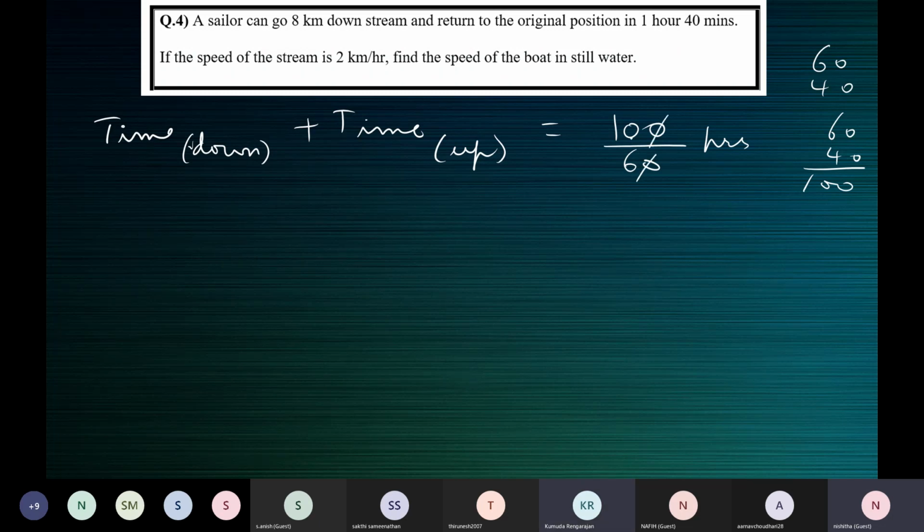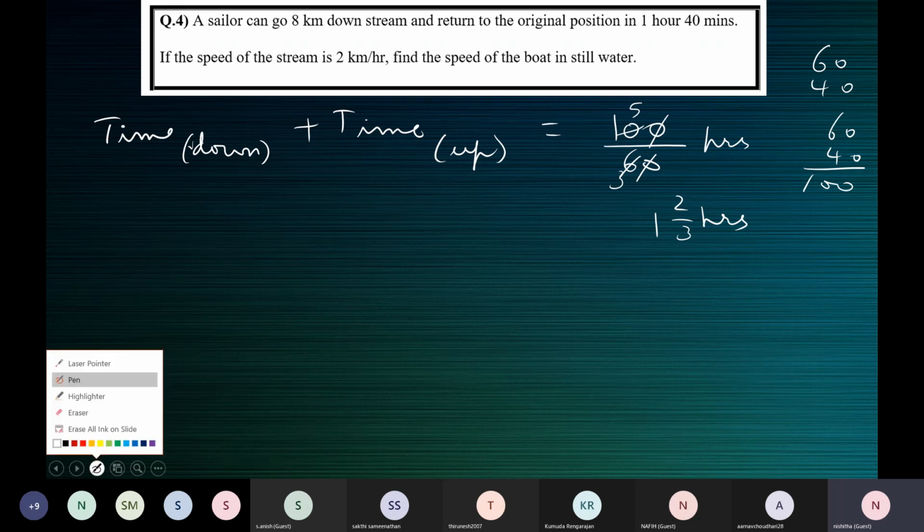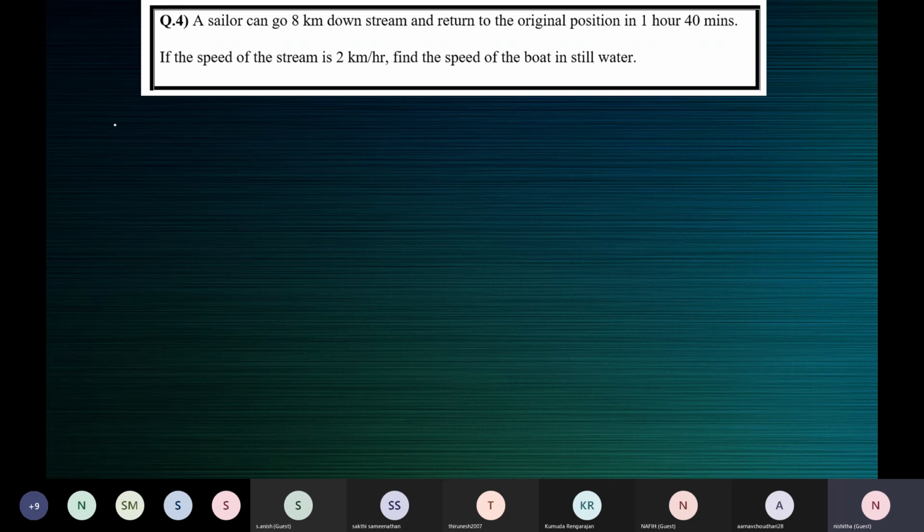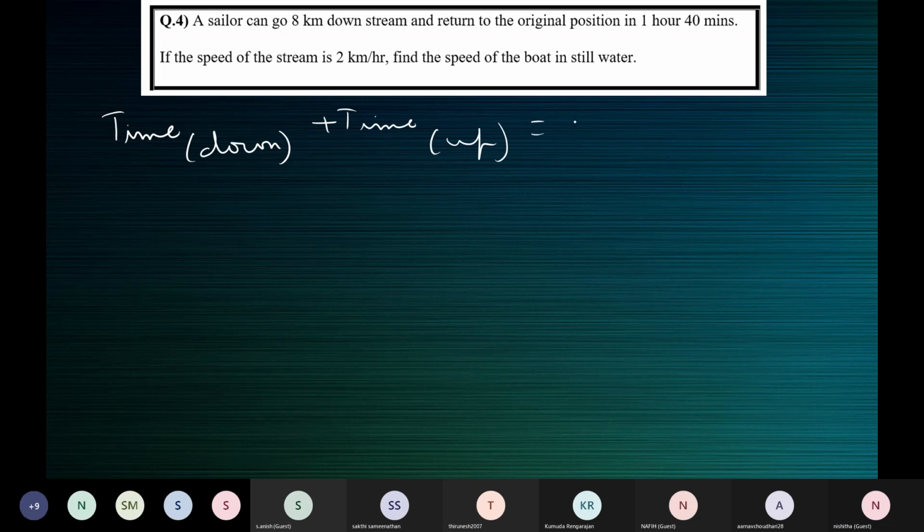So it's 1 and 2 by 3 hours. So 1 hour 40 minutes is 100 by 60 hours.